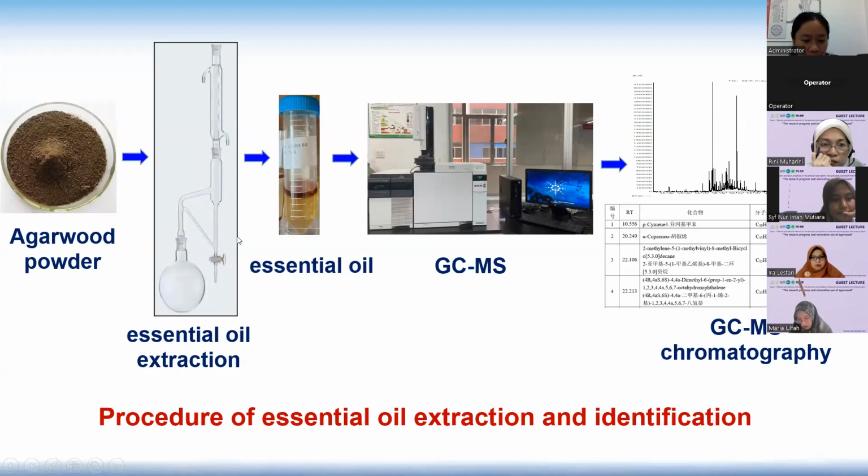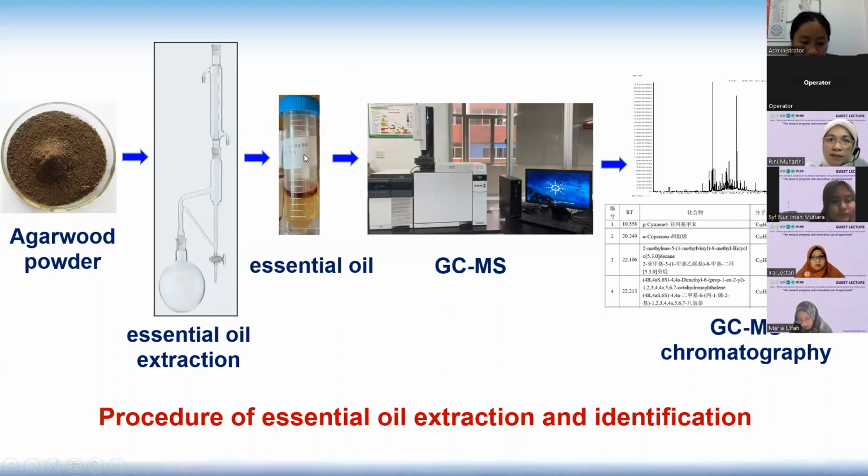After finishing, we can collect the essential oil by opening here. Here we can open, and the water and essential oil will come out, so then we can collect them. Actually, we get the water and essential oil together like this. Usually the water is below, and the essential oil is above.